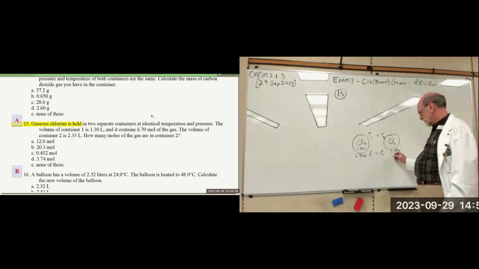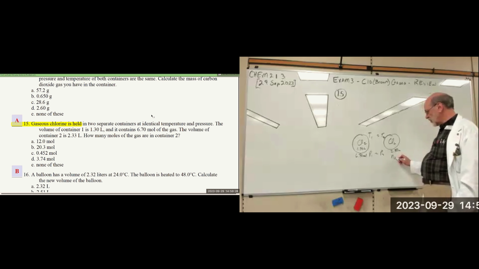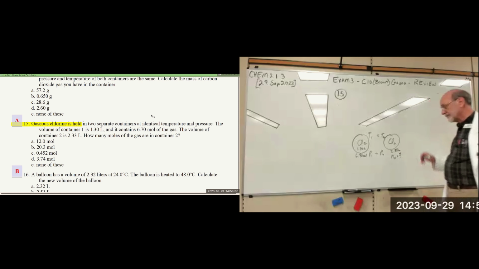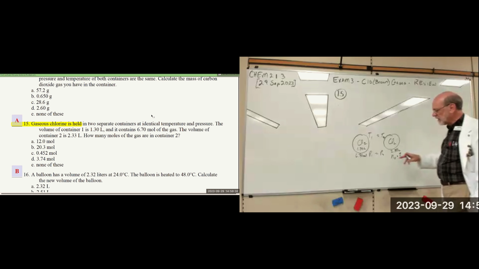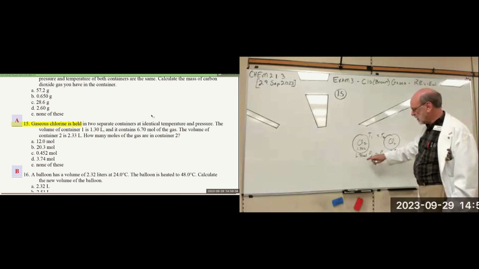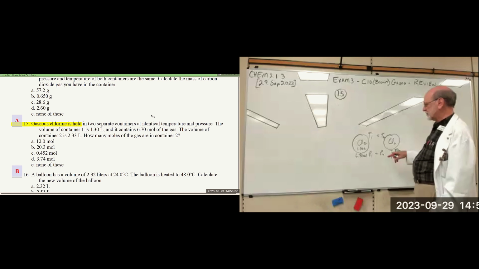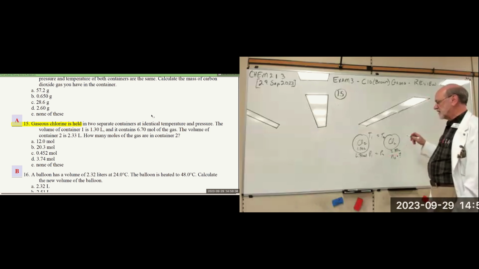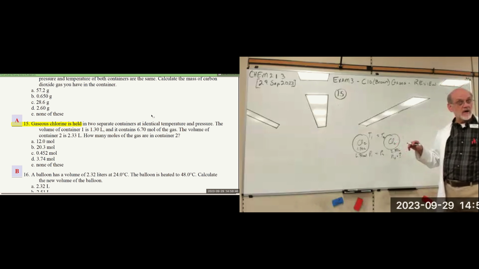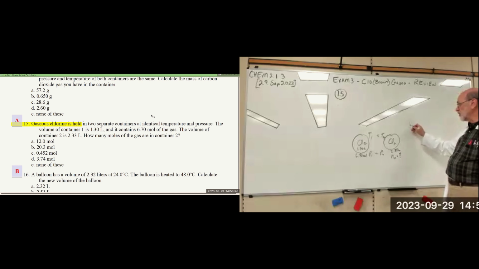Yep. So the question is how many moles are in the second one? Well, if this is volume 1 and moles 1, then volume and moles, that's Avogadro's law. So we can say volume 1 over moles 1 equals volume 2 over moles 2.